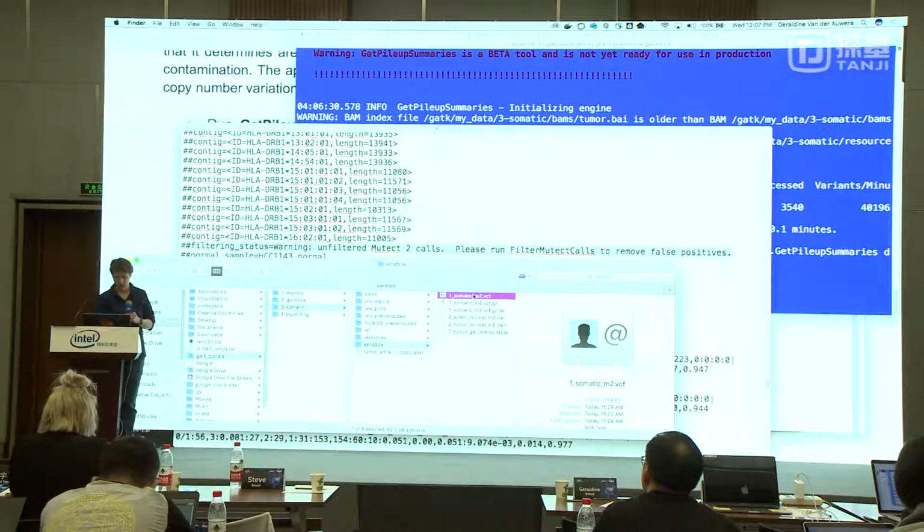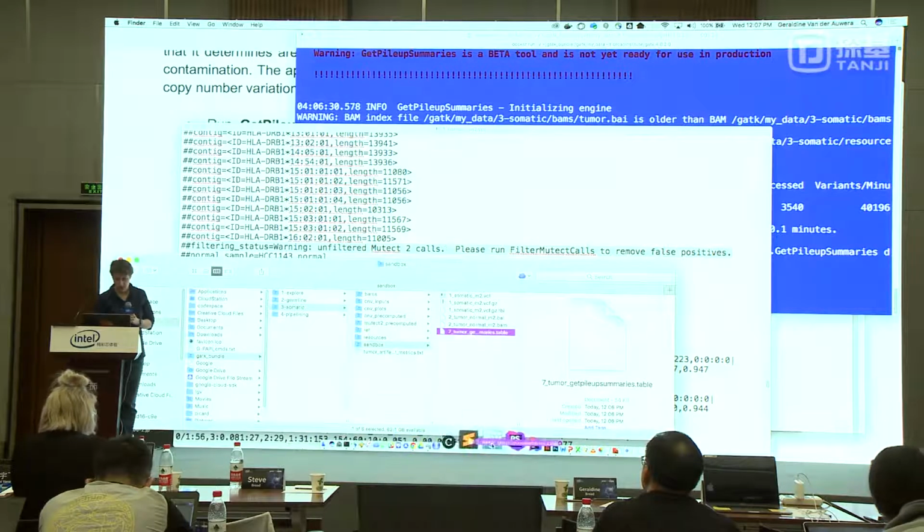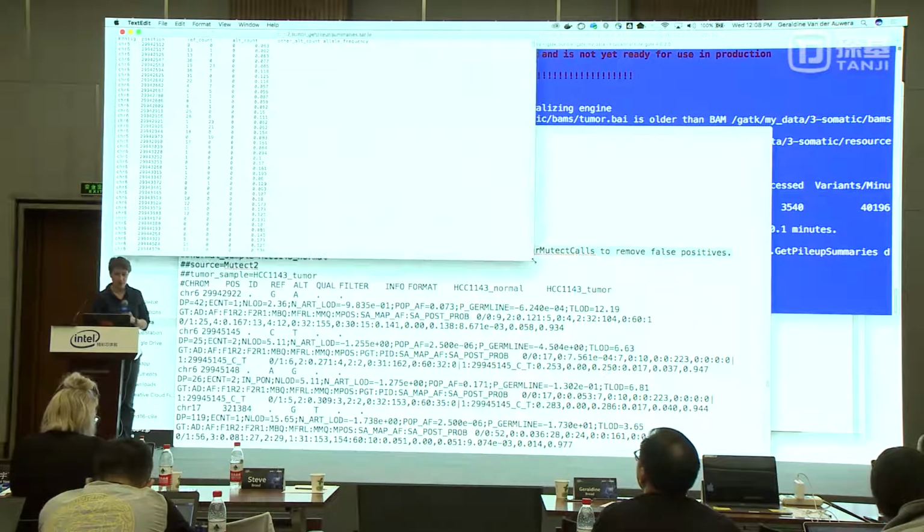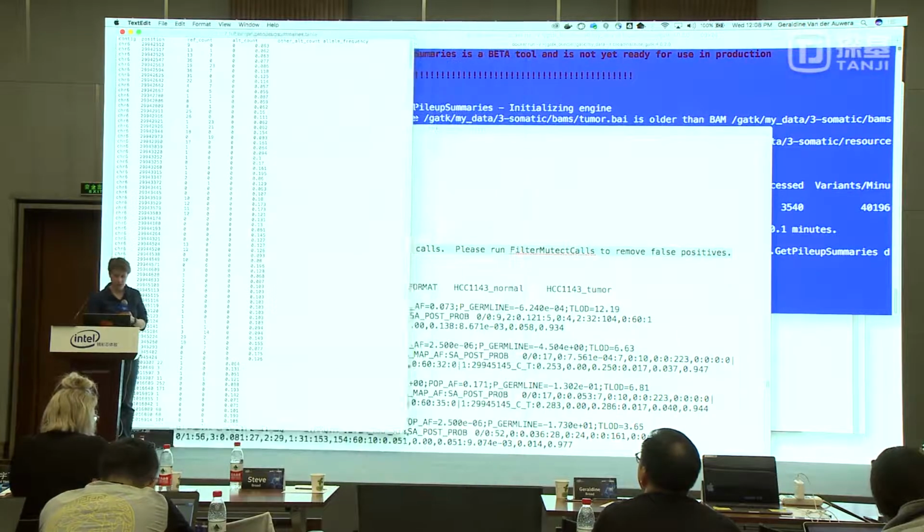So let's open that up. Alright, it's just a table. I'm just going to open it in my text editor to take a quick look. It's tab separated values, very simple format, very easy to work with.